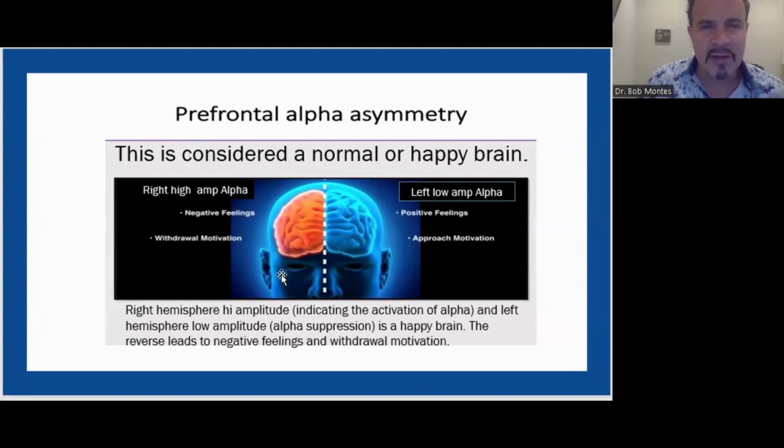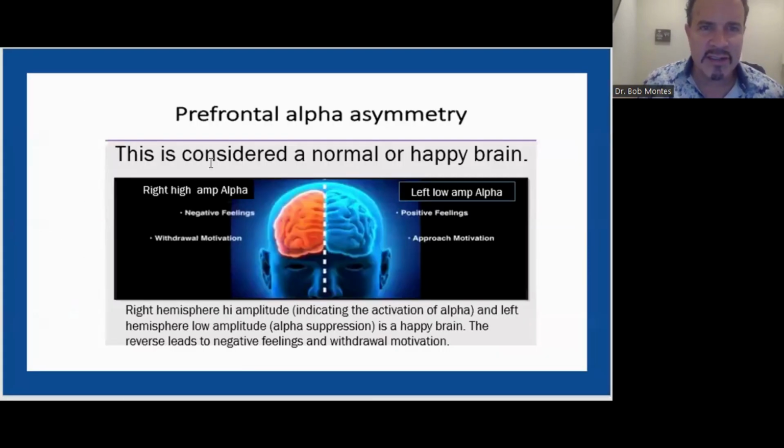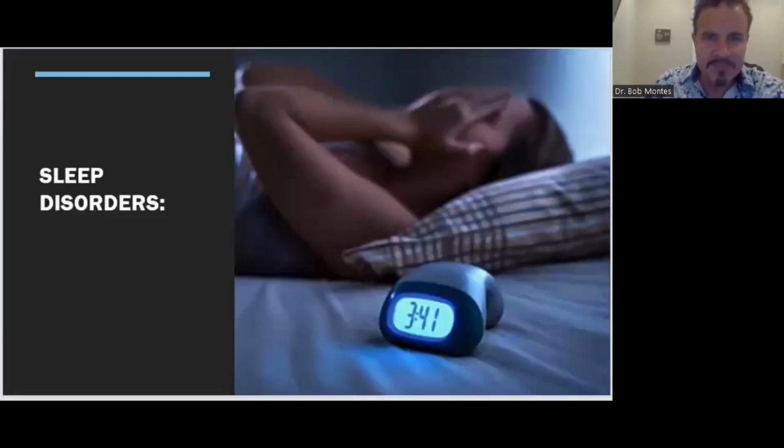At the moment that depression begins to occur, you have this event called alpha asymmetry, and that means it's switching sides so that the left side is moving up in amplitude and the right side is lowering. Another sign of depression, and we can detect this using our system.